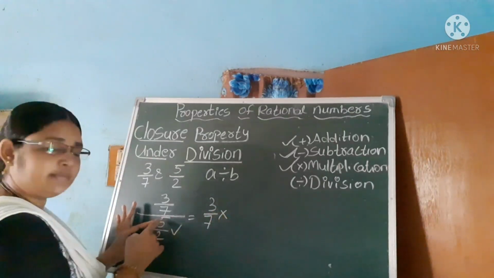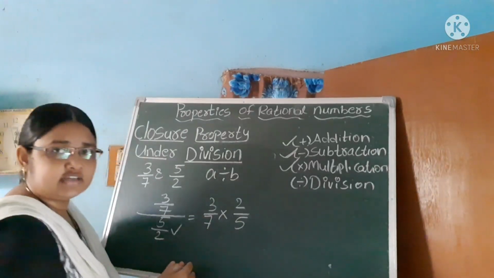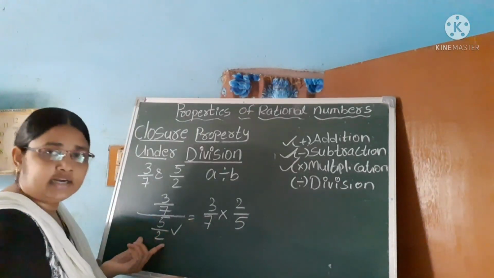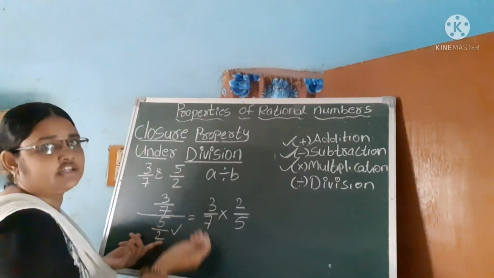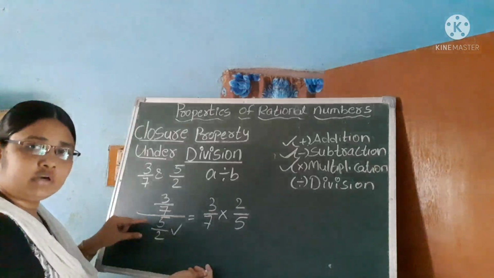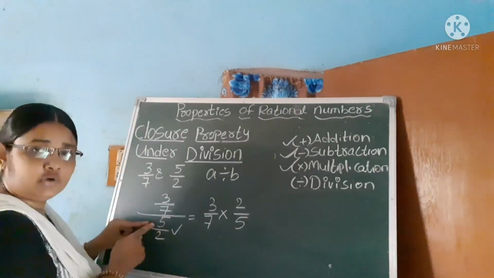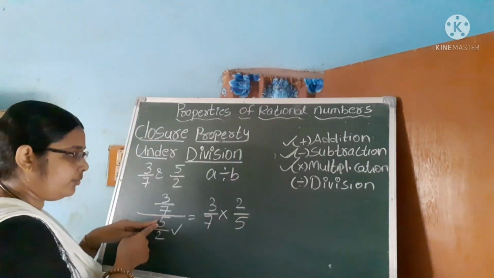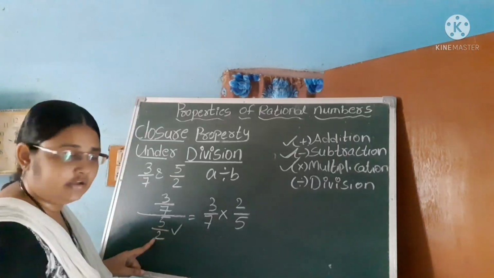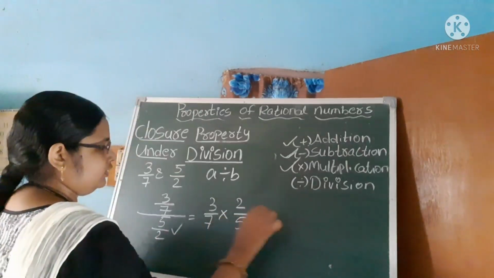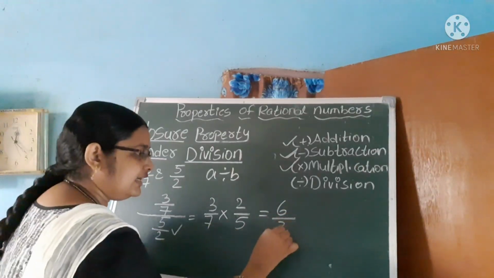That means, what is the reciprocal of 5 by 2? Very good, 2 by 5. Just reverse. Remember children, we shifted the denominator value into the numerator. When we change division into multiplication, the fraction just becomes its reciprocal. Reciprocal of 5 by 2 means just reverse: the numerator becomes the denominator and the denominator becomes the numerator. Is it clear? Okay. So 3 2s are 6 by 7 5s are 35.